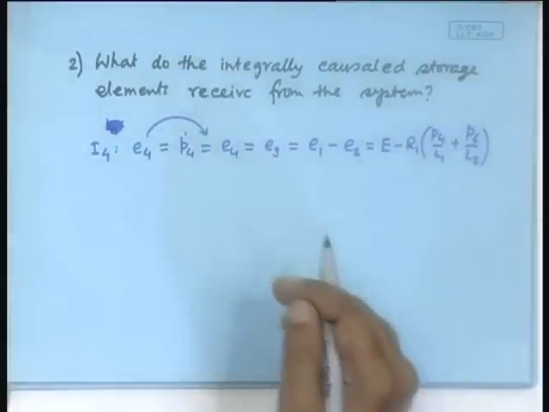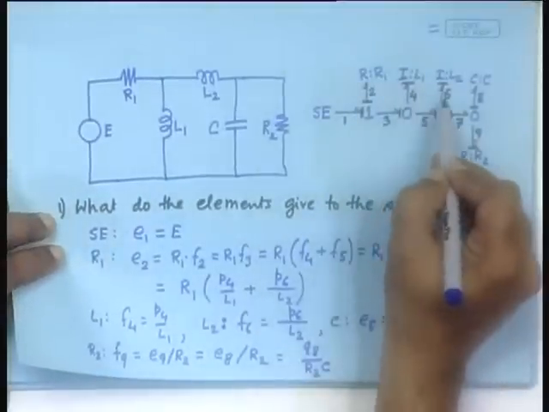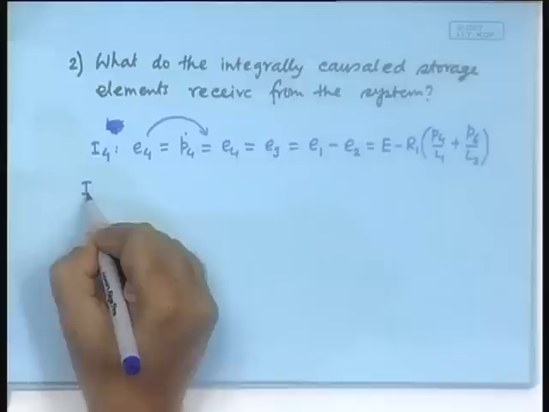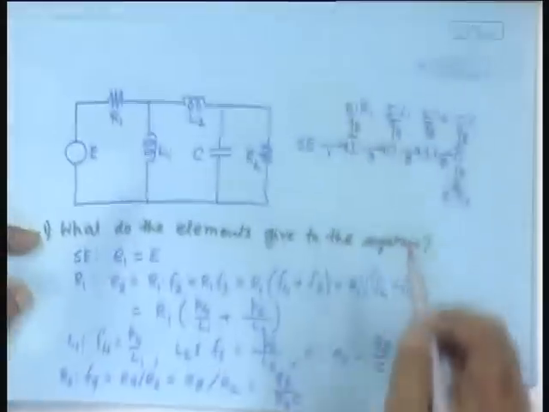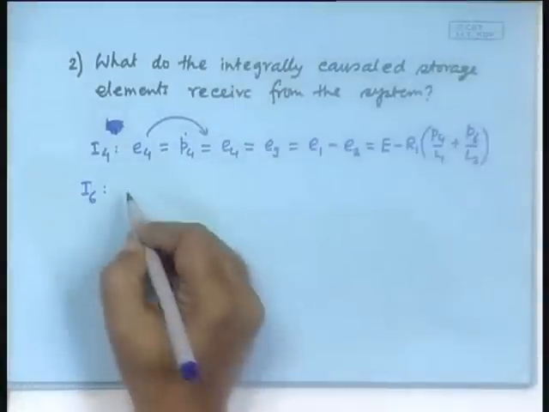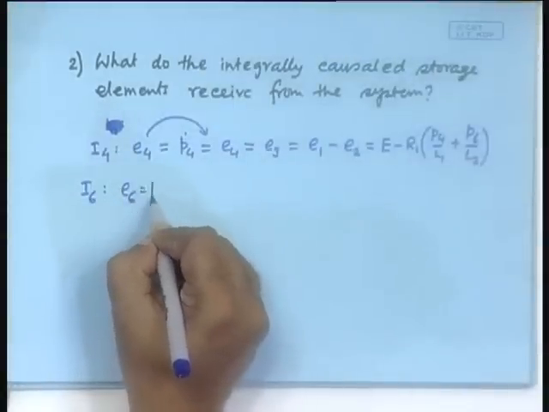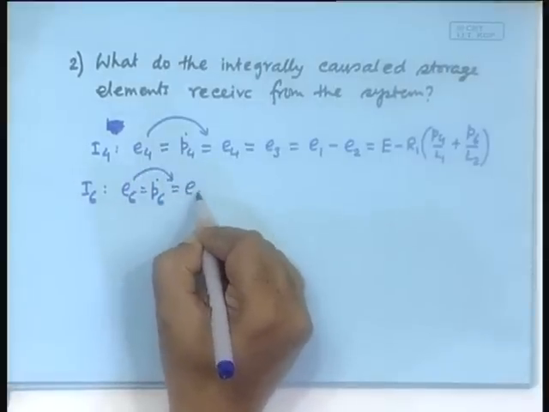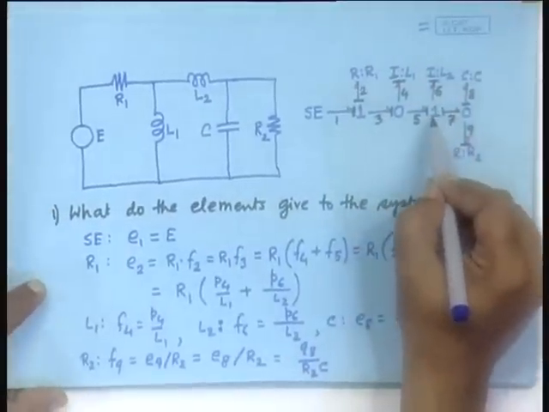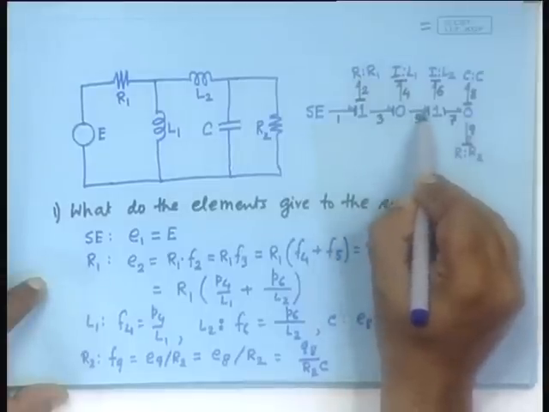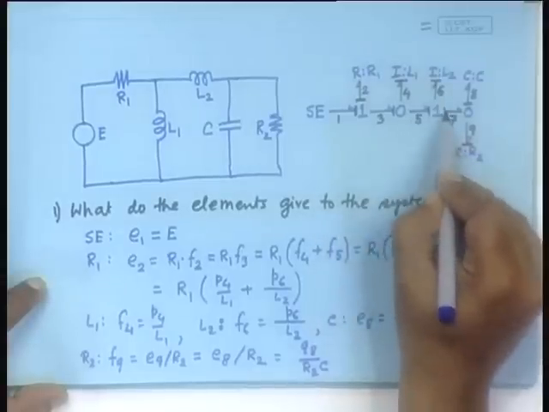Second, we ask the question related to the I element connected to bond 6. So, I6. What does it receive from the system? It is E6. So, E6 is equal to P6 dot, and then we bring it to this side. Now, E6 is, yeah, this is a 1 junction, therefore, notice E5, the power direction is that way, is equal to E6 plus E7.